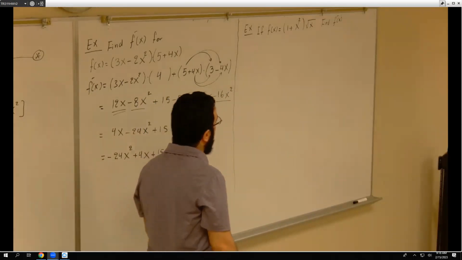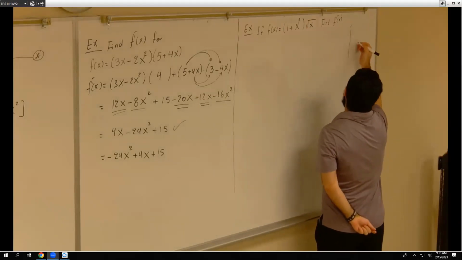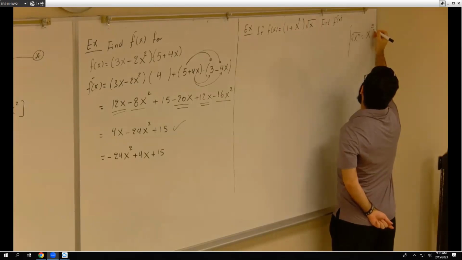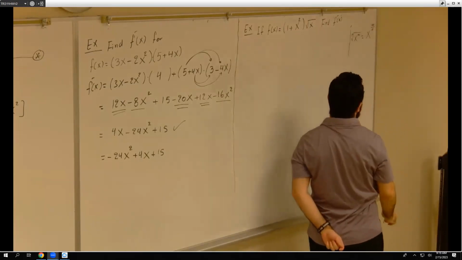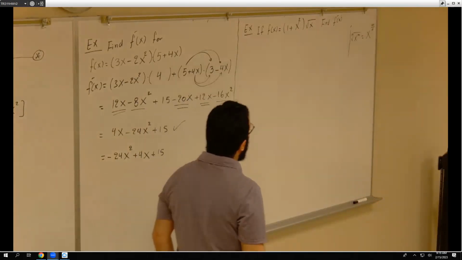If you remember, there's a rule that says to convert a radical, the nth root of x is x to the 1 over n. Convert the radicals to rational exponents. That's how we're going to work with this one.